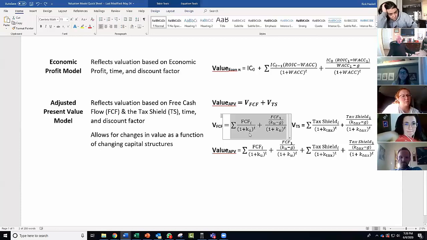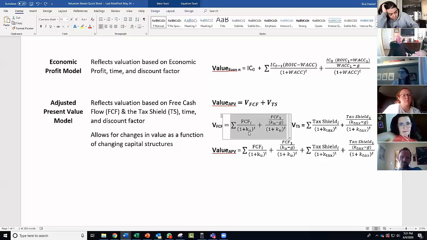In the free cash flow form, or VFCF, so half of the adjusted present value model, the only difference between this and the value based upon the free cash flow model itself is the introduction of a different discount rate. And that discount rate is KU. K stands for cost, and it's the cost of unlevered capital.